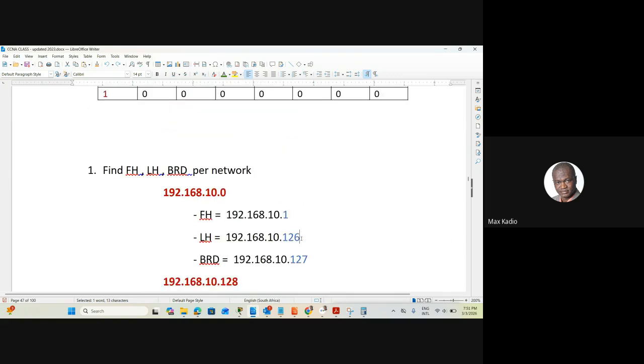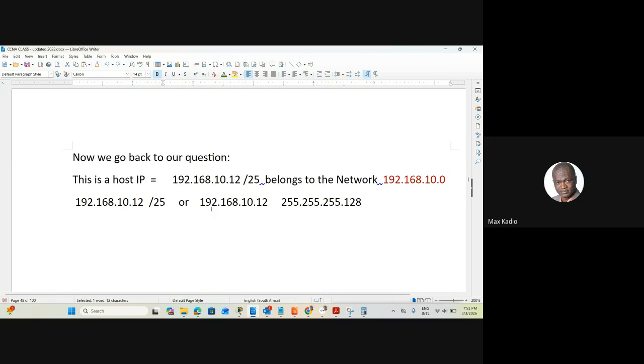You can see that it's somewhere between 10.1 and 10.126. It can be 10.1, 2, 3, 5 until 126. So 10.12 is somewhere here. That's why we say in our question that the IP belongs to this network, or this smaller room. So this IP belongs to the very first network.